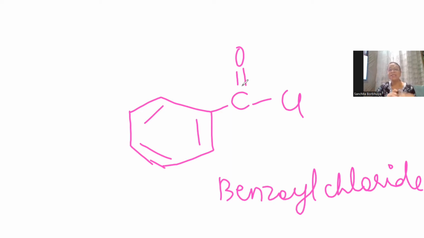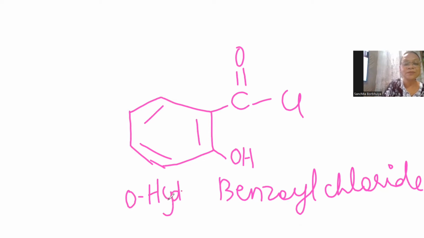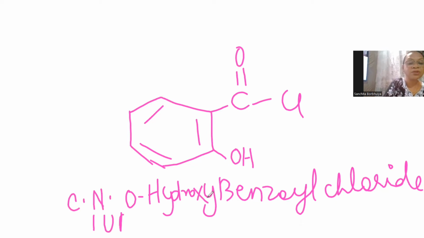This is a derivative of benzoic acid where the OH group is replaced with Cl. So this is called benzoyl chloride. So if you attach an OH group, the common name will be ortho-hydroxybenzoyl chloride. This is the common name. And in the IUPAC name, you just replace the ortho with a number. So this is 2-hydroxybenzoyl chloride.